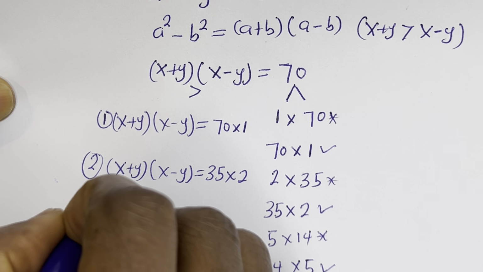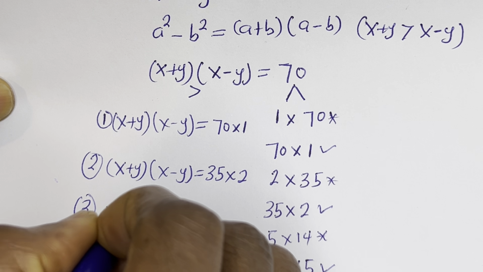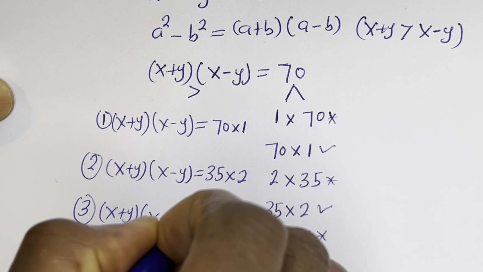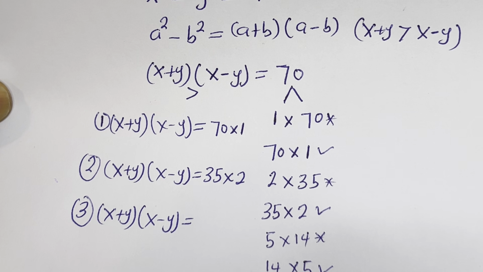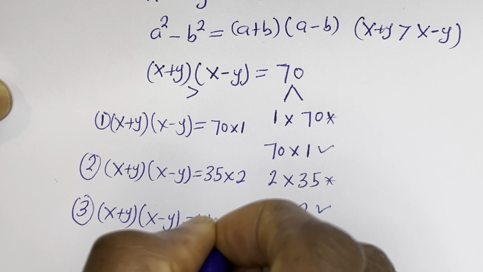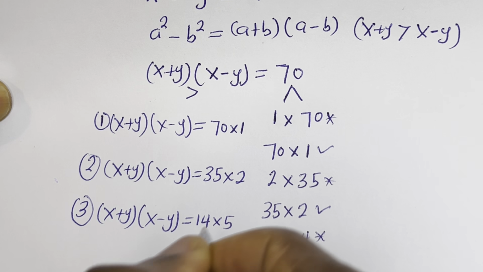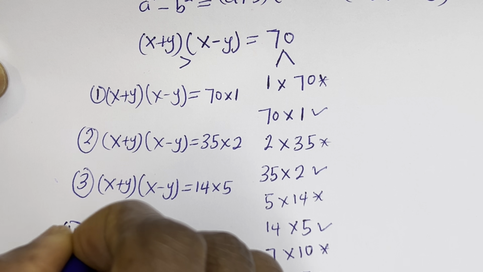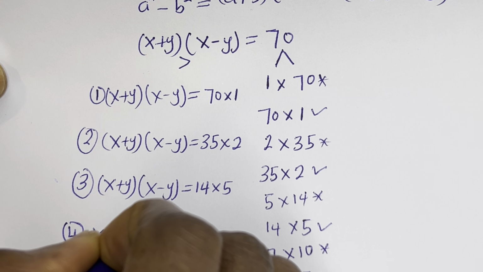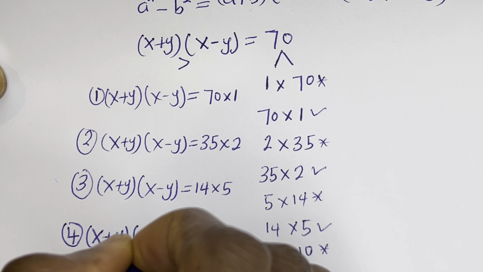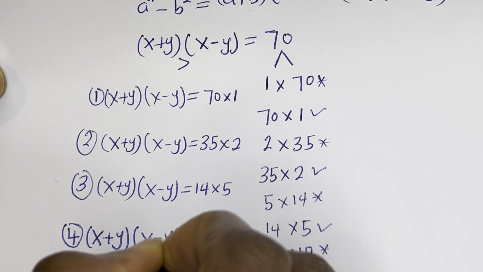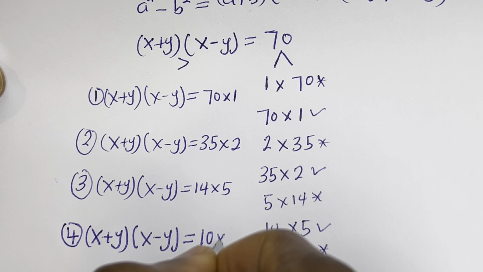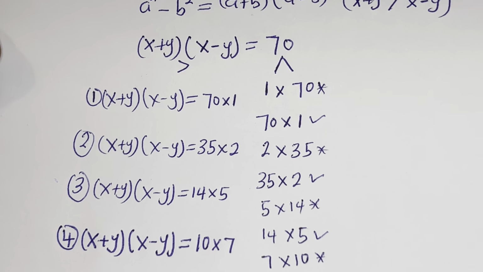The third case is (x plus y)(x minus y) is equal to 14 multiplied by 5. And the fourth case is (x plus y)(x minus y) is equal to 10 multiplied by 7.